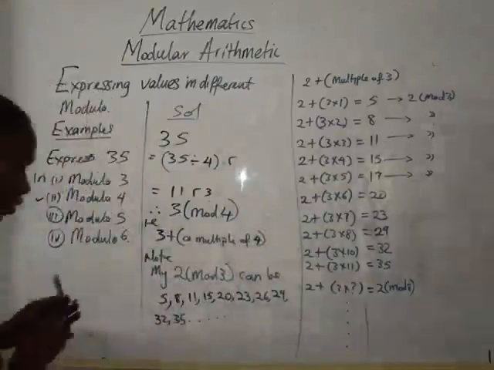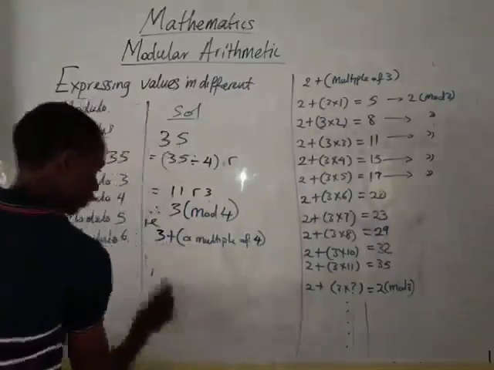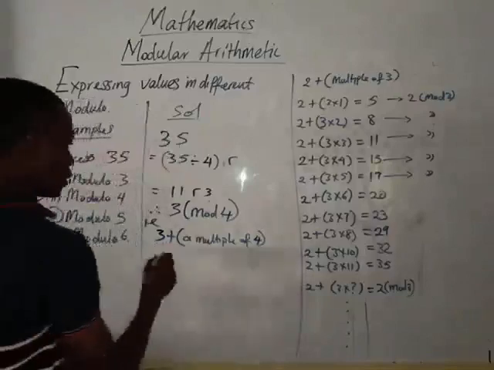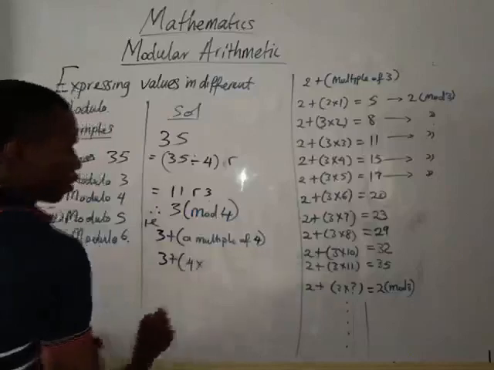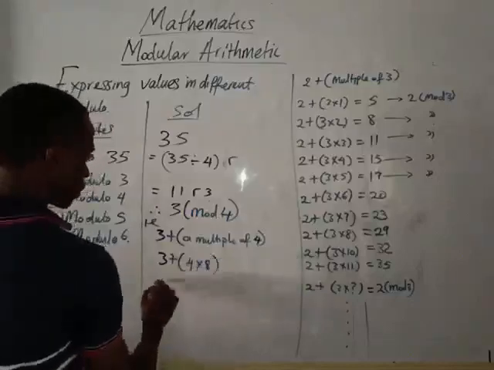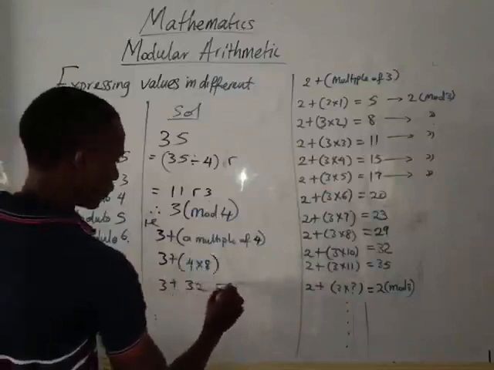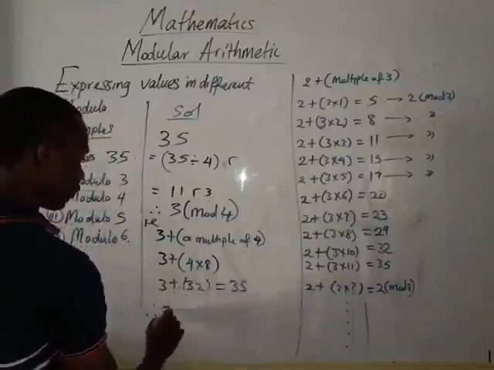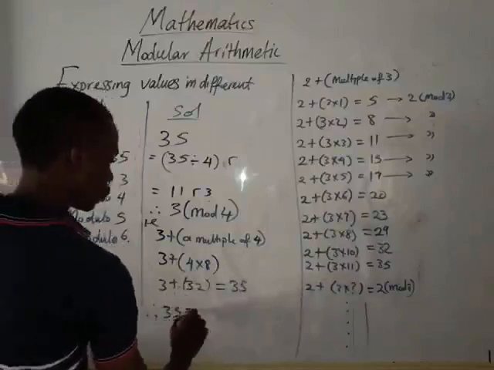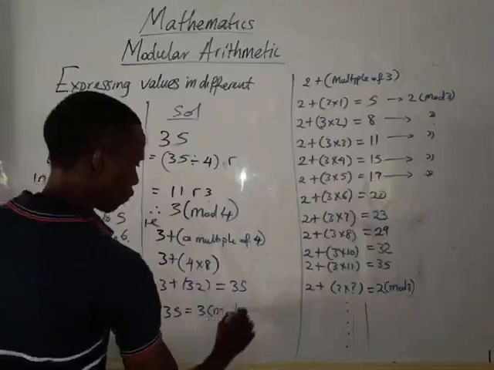Meaning I'll be having 3 plus 4 times 8, which is 3 plus 32, which will give me 35. So therefore, my 35 equals 3 mod 4.